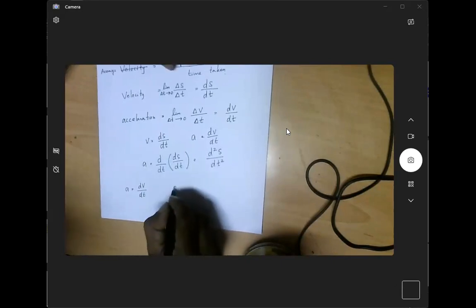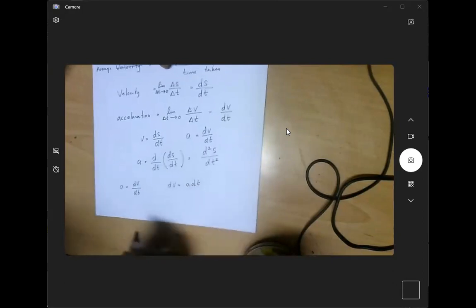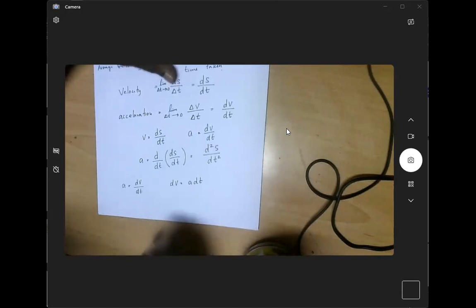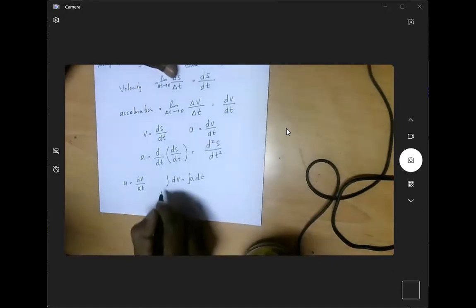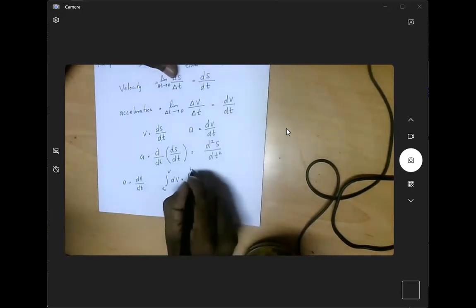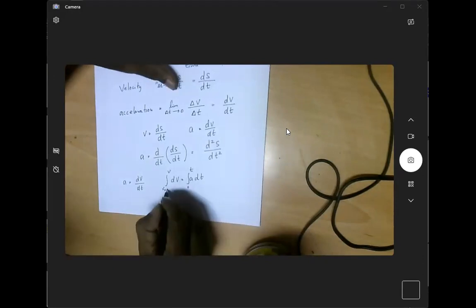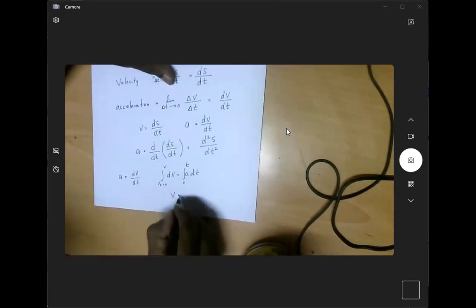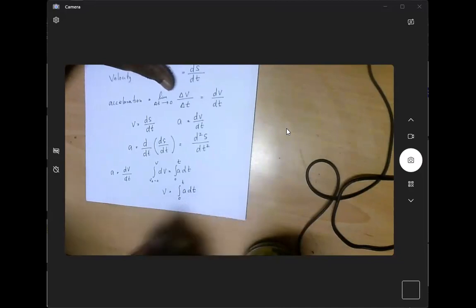What that means is dv is a dt, right? So we are going to integrate both sides. This will be v naught to v, and this will be 0 to t, right? If v naught is 0, we have the velocity as integral 0 to t of a dt.